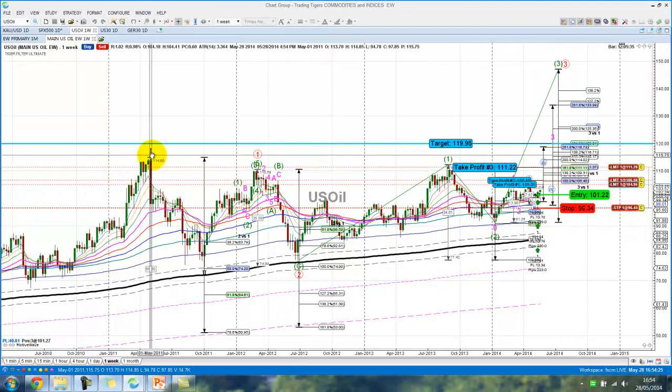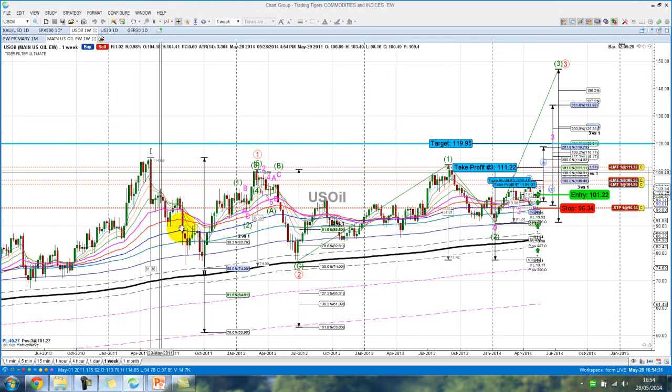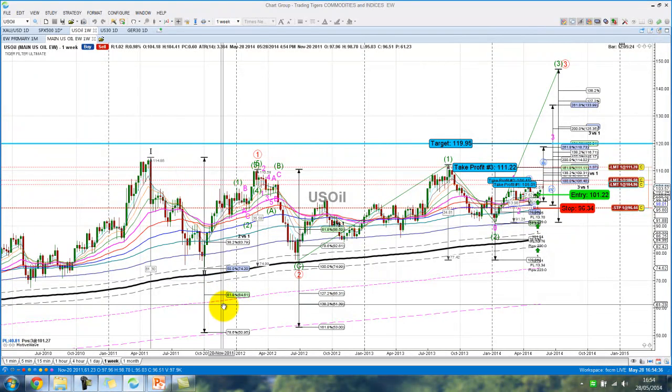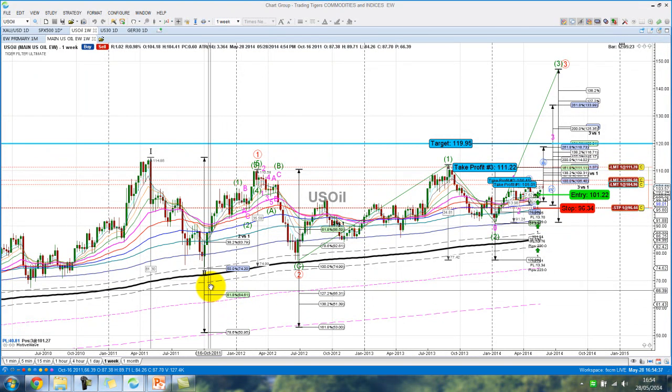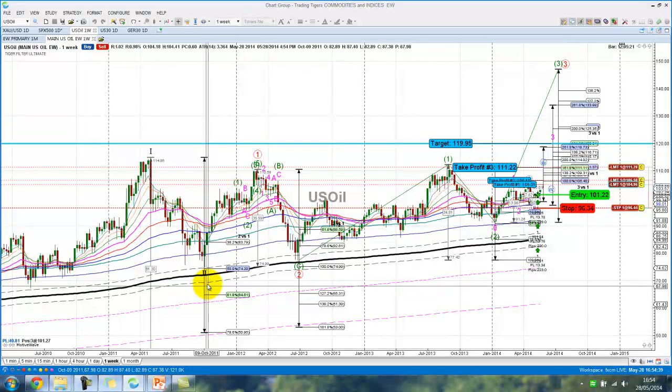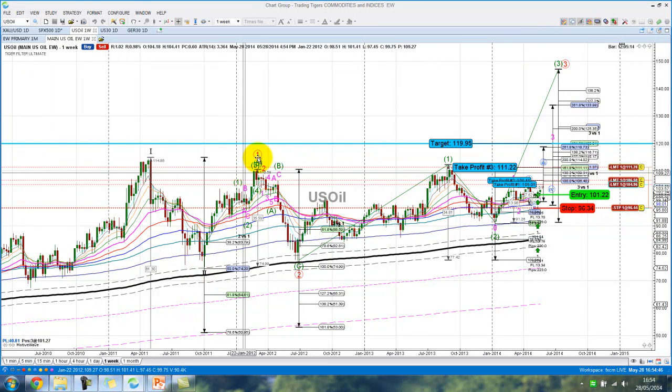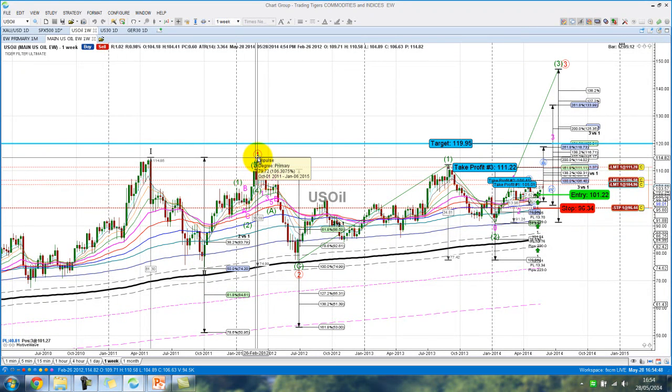Super cycle being black in Roman numbers, and the 1st of May 2011 high is the wave 1. Wave 2 came down at the 50% level. We're assuming we're taking it at that particular level, and that's where we put the end of wave 2 of the cycle degree. Now its subwaves are the primary, where wave 1 completed at the high of 26th of February 2012.